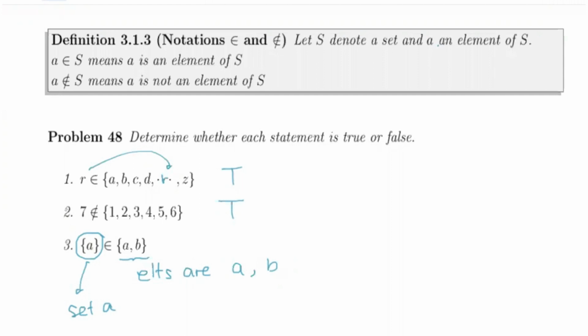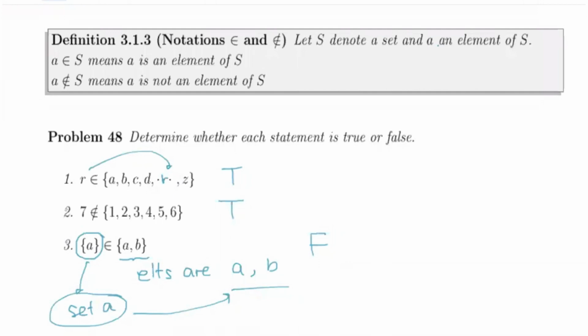Oh yeah. So the elements are A, B. Is set A the same as one of these? No. Here's A, here's set A. Are they the same? No. So what do we say then? False. False. Okay, so don't forget this. A and set A.